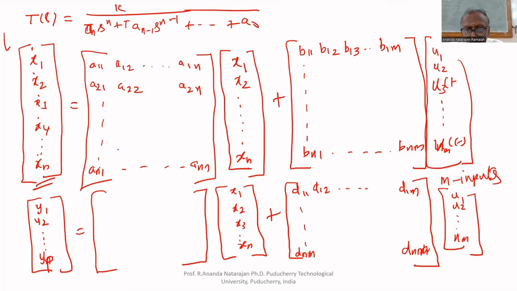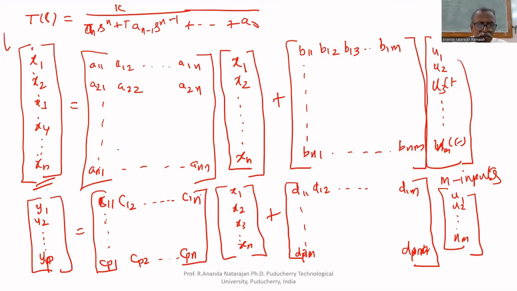How many rows will there be? Only p rows. The C matrix is C11, C12, etcetera, C1n, down to Cp1, Cp2, etcetera, Cpn, and the D matrix is D11 through Dpm.